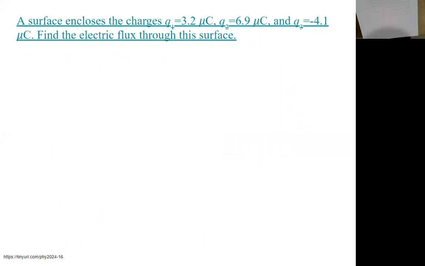For Gauss's law, we can take a quick look at one example here. It says a surface encloses the charges Q1, Q2, and Q3. Find the electric flux through the surface.